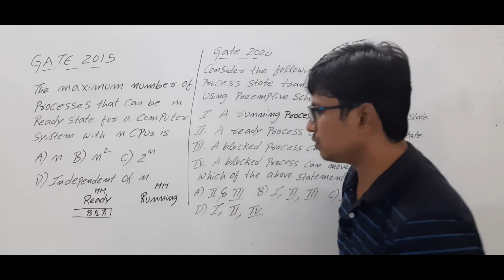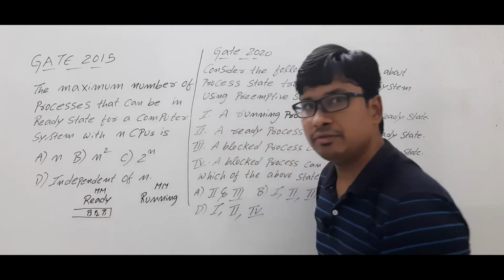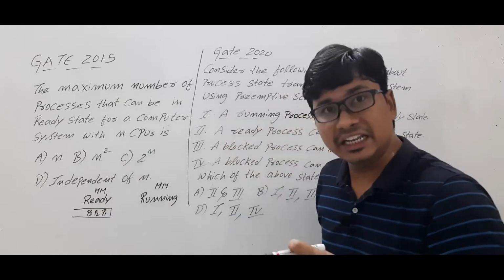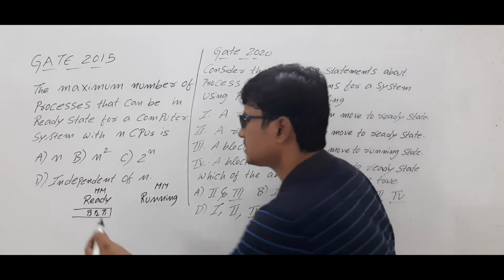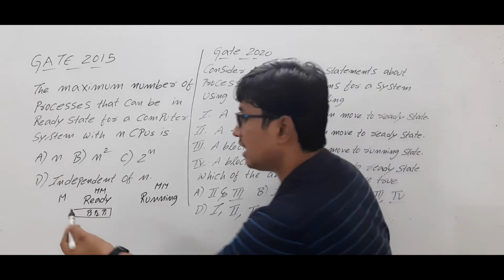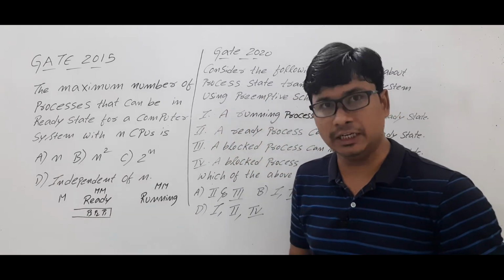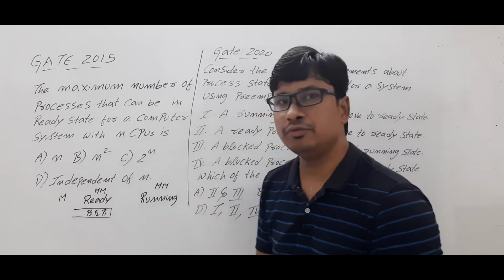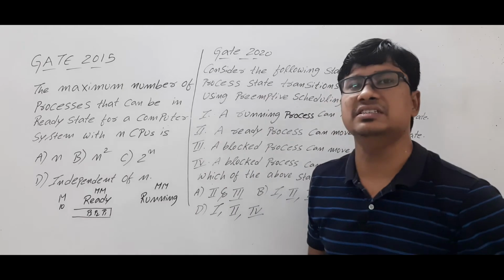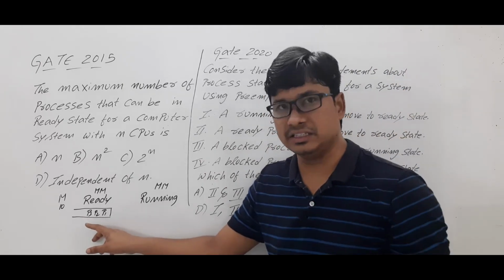Is it clear? So, if you have n number of processes which are there in the ready queue, here even let's consider not n, even you can consider m. This m value depends on the degree of multi-programming. If your degree of multi-programming is 10, then meaning is that this queue size is 10. So 10 process can be there in the ready state.